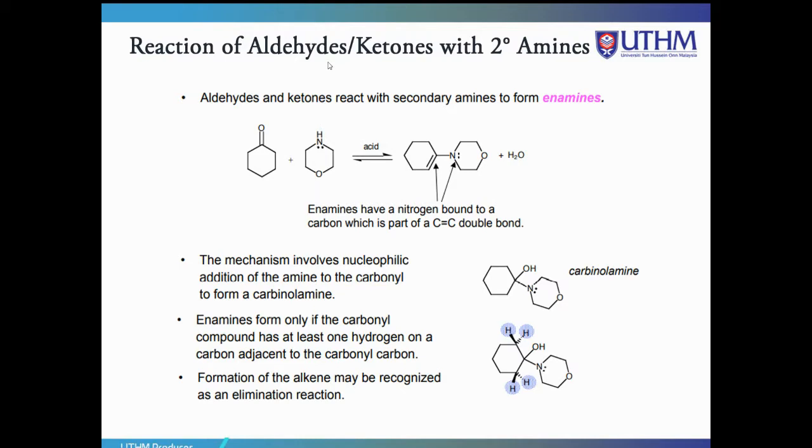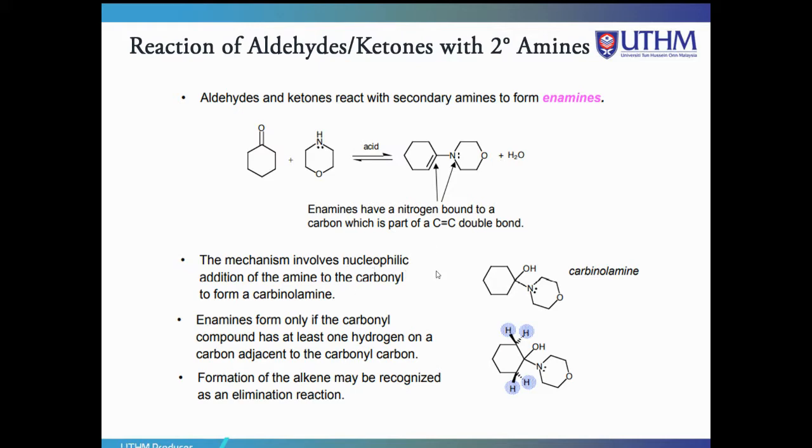Reaction of aldehyde and ketone with secondary amine. Aldehydes and ketones react with secondary amines to form enamines. An enamine is a compound that has a nitrogen bonded to a carbon which is part of a C=C double bond.